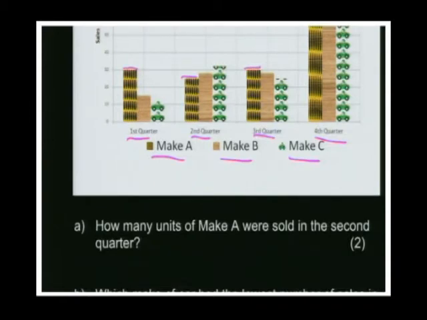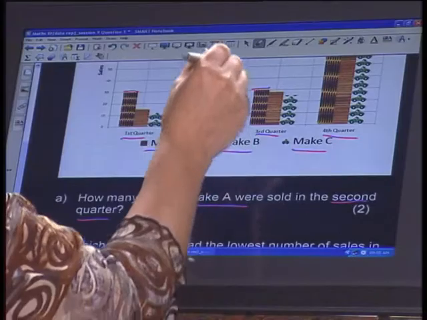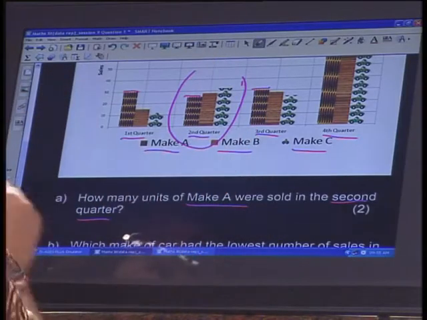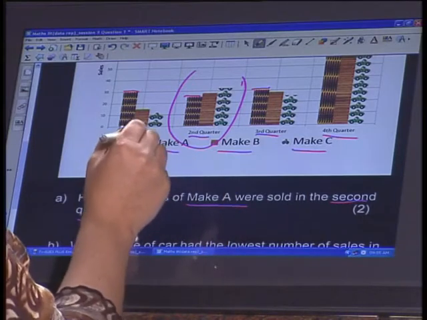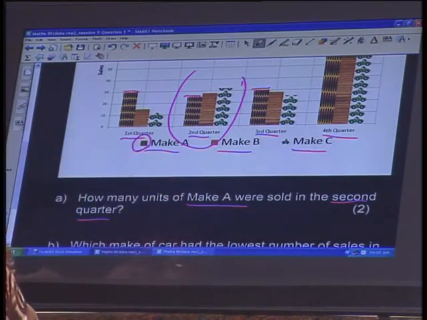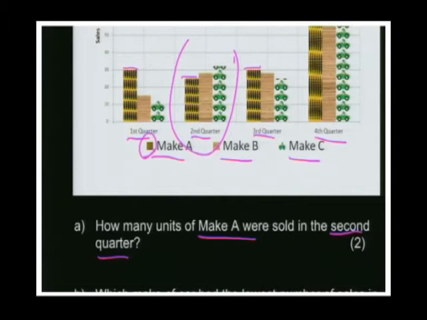So first question, how many units of make A were sold in the second quarter? So we're looking for make A and we're looking for the second quarter. So we're going to go to our graph, we're going to look at the second quarter. We're looking for make A. Make A is depicted with that funny looking graph, and we're going to be looking for that number.